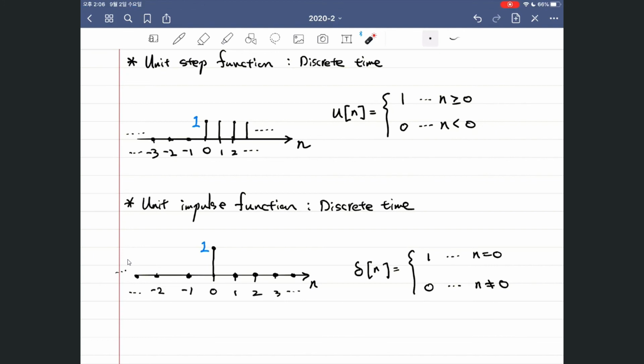And we can relate these two in some manners. The first way is representing delta by the function u.